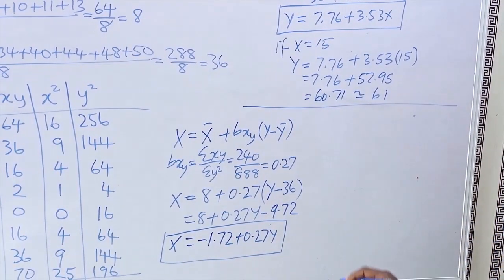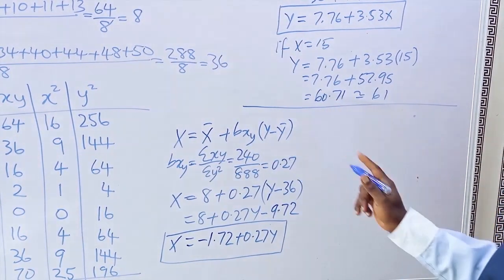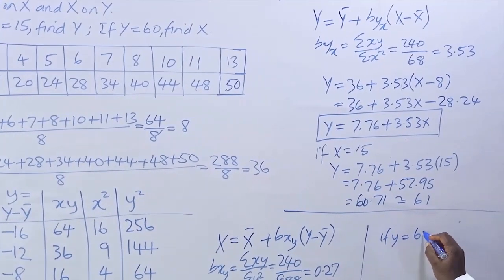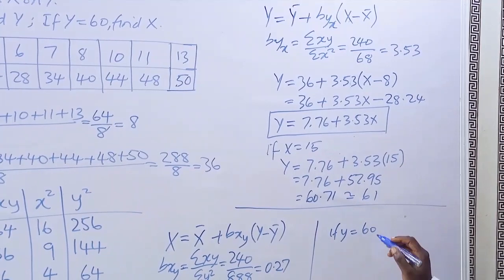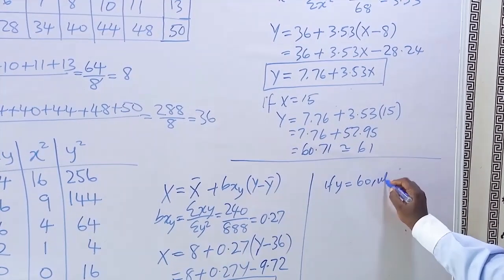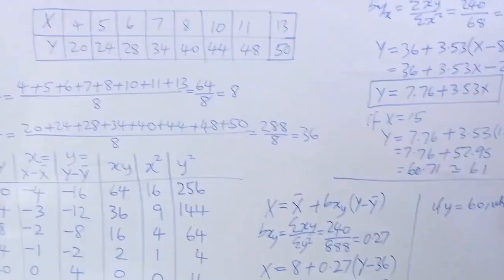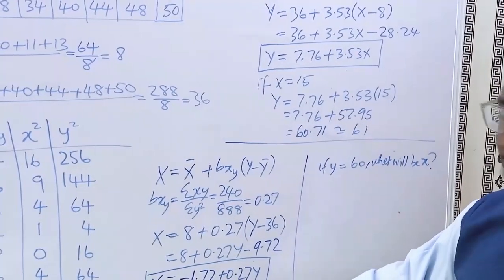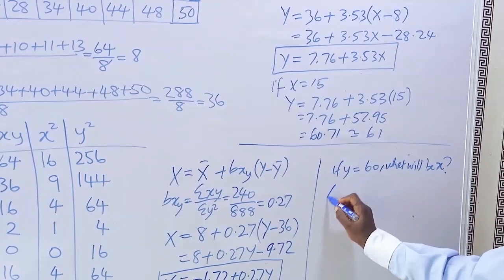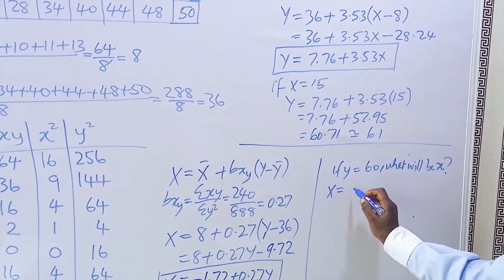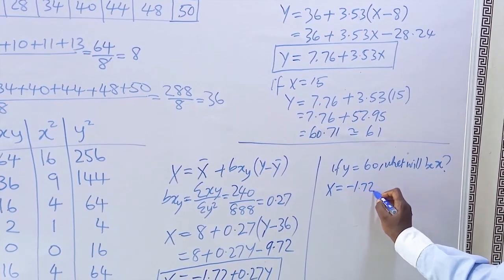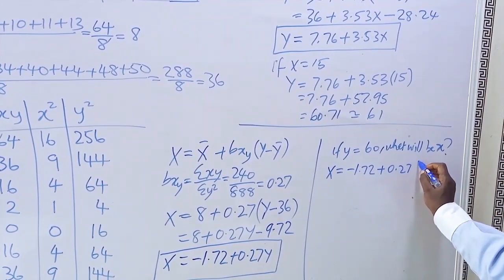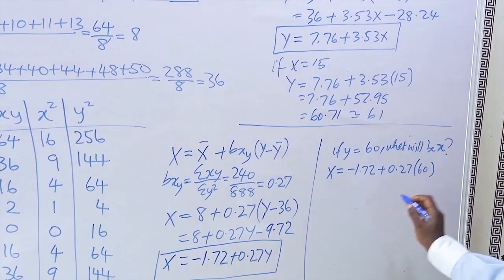So the question we have is, if y is 60, what will be x? We'll use this to predict that. So x is equal to minus 1.72 plus 0.27, and then we put 60 in here.